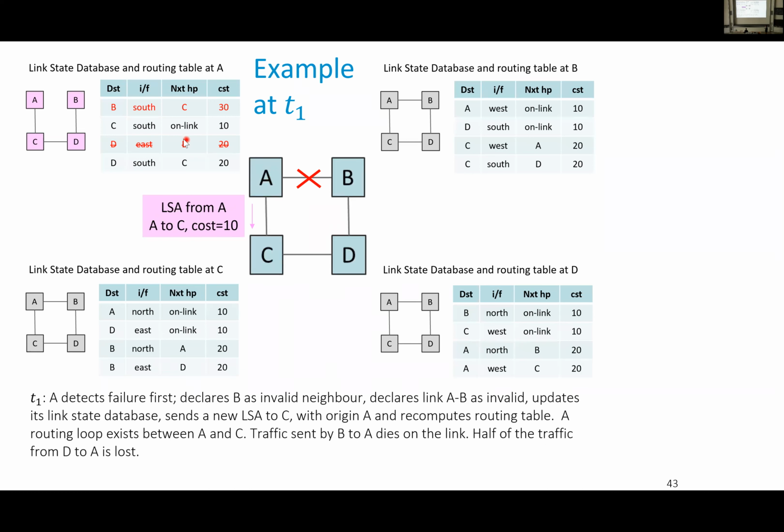So that's something that can happen. It can happen because the topology databases are inconsistent. If everybody has the same topology database, even if everyone computes their own shortest path tree, because the routing is shortest path, there can never be a loop, because the distance to destination always decreases along the transmission of packets if you have truly computed shortest path.